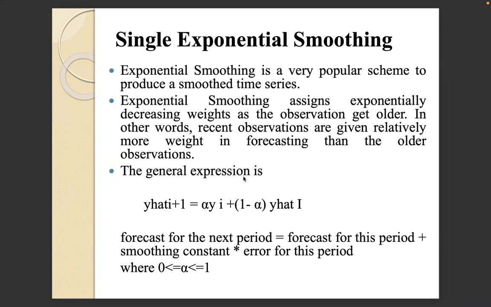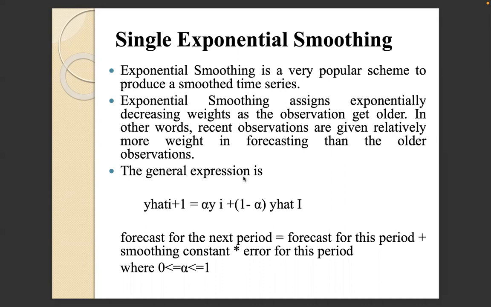Here we are assigning a weight. We have taken the alpha value. It's a kind of weight we assign to the most recent observation, right? Normally this exponential smoothing is used if there is no trend and no seasonal fluctuations.